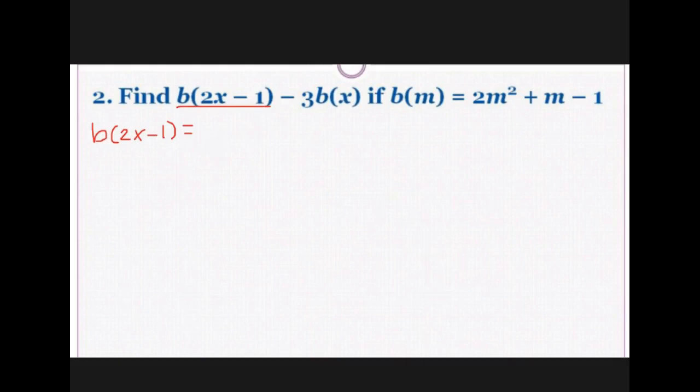So everywhere I have an m, I'm going to replace it with 2x minus 1. And then I'm going to FOIL, distribute, and combine like terms.